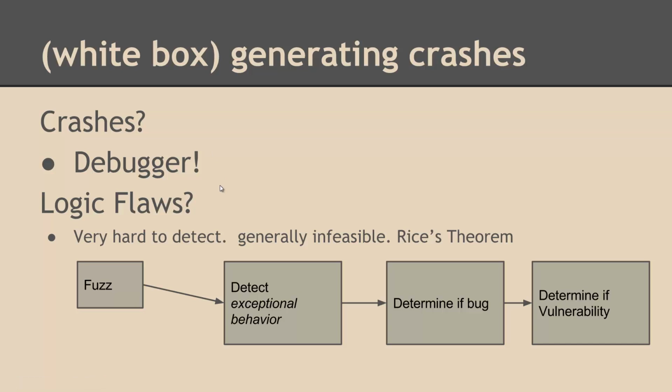For the general case, it is infeasible, and according to Rice's theorem, for any non-trivial property of a function, it's kind of infeasible to have an algorithm that computes whether or not that property actually manifests.